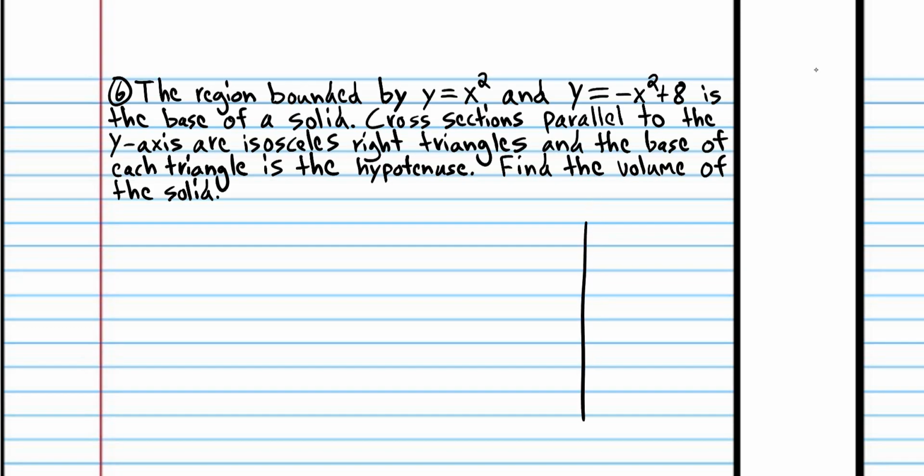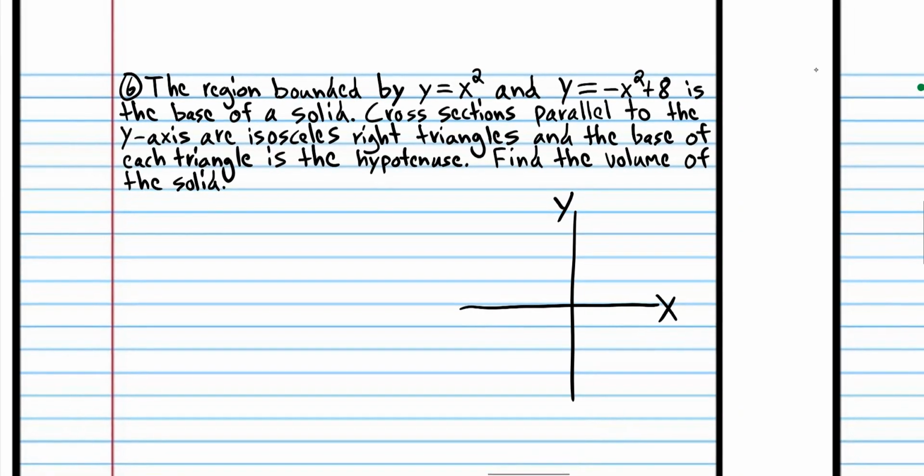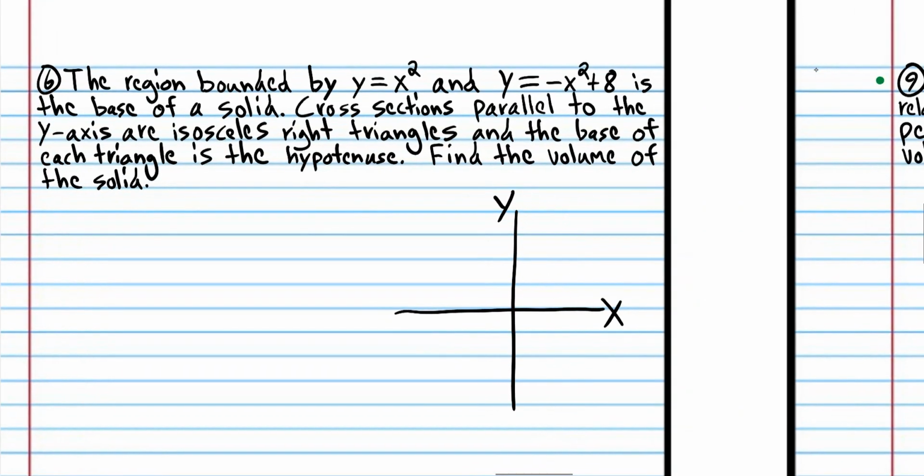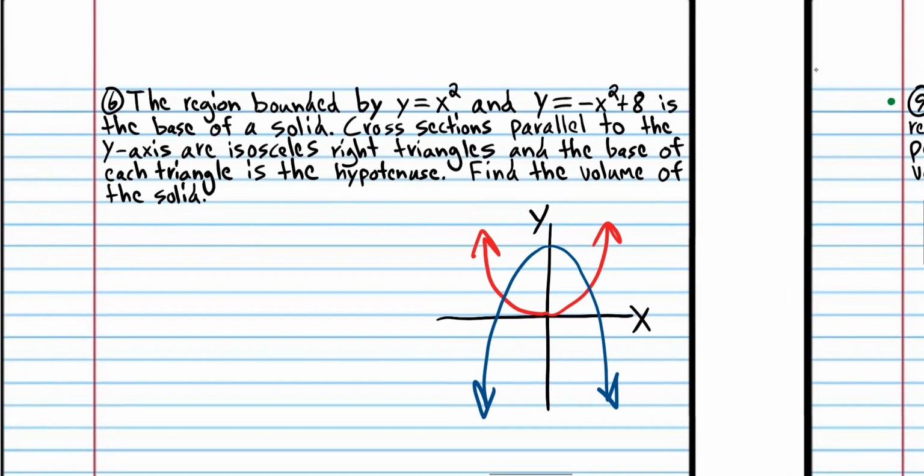So let's draw the base of the solid. We have y equals x squared, which is going to look something like this, and we have y equals -x squared plus 8, which is going to look something like this. And so the region bounded by those graphs is this region here.